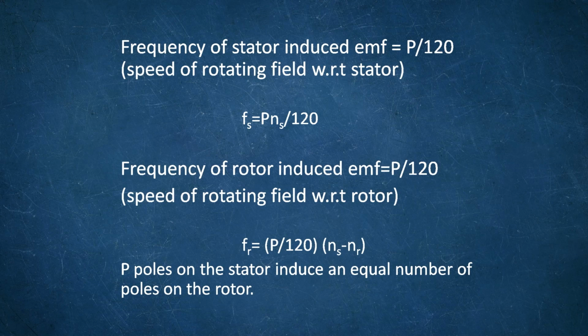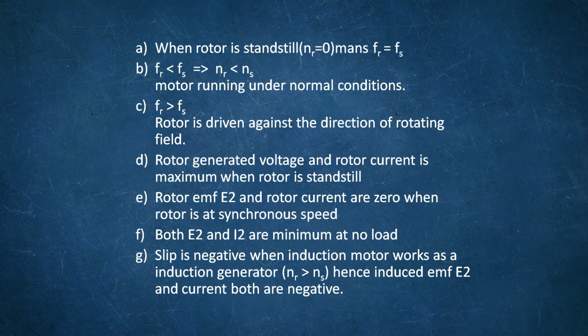So here the frequency of the supply is f equal to PN upon 120. So the frequency of the rotor induced EMF is also P by 120 times slip speed. P is the number of poles on the stator. If the number of poles are equal in the stator and in the rotor, then what will be the frequency? When the rotor is standstill, the frequency will be the same in the rotor circuit as the supply frequency, as it happens in the transformer.